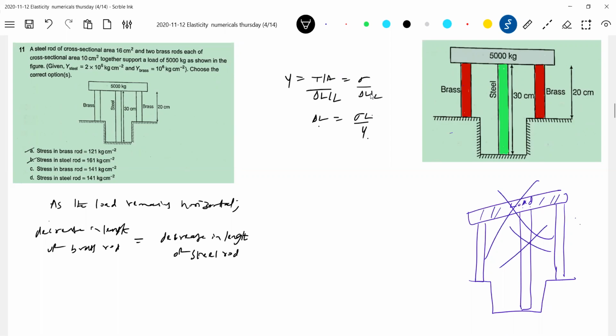That will be the decrease in length. Therefore, stress in the brass rod times length of the brass rod by Young's modulus should be equal to stress in the steel rod times length of the steel rod by Young's modulus. We know all the things, length and Young's modulus, so we will get the ratio of stress in the brass to the stress in steel.